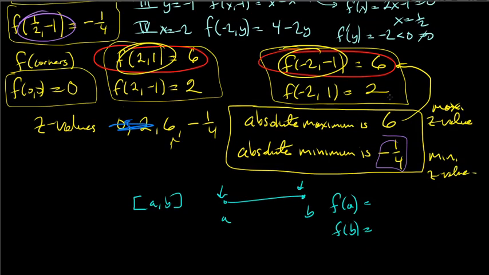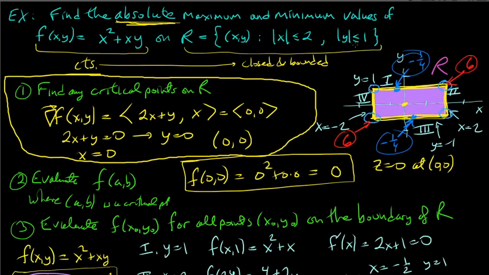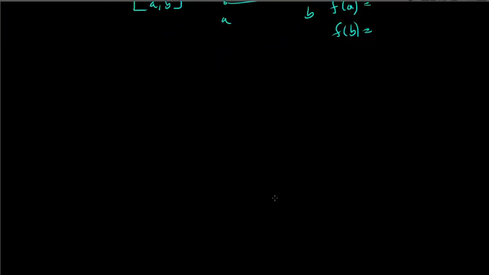So that's where you have a maximum and minimum value, but here they wanted the absolute maximum and minimum values. By values, we mean z values here. All right. Best of luck.